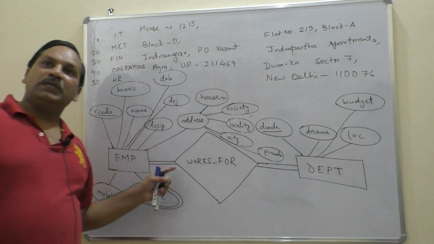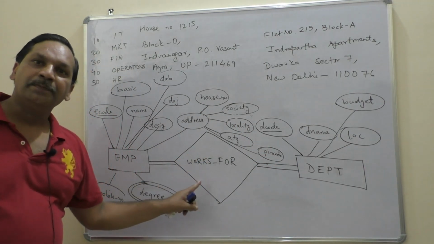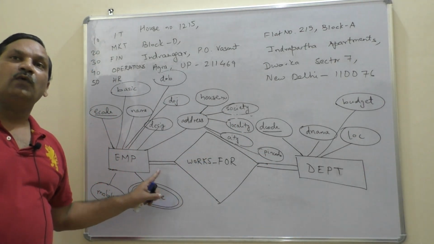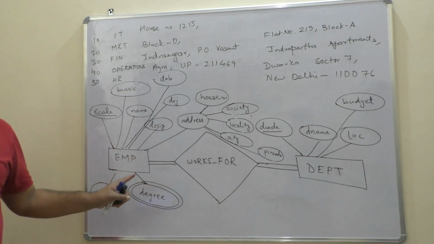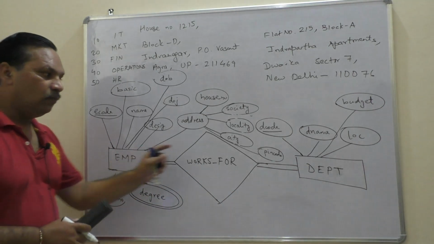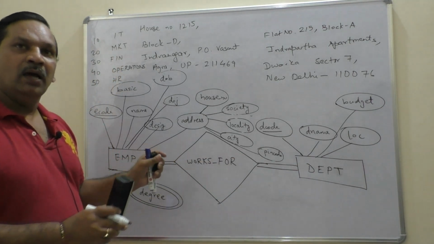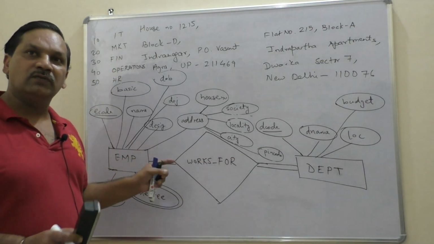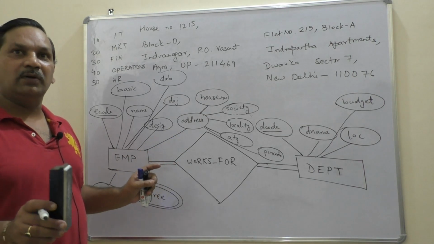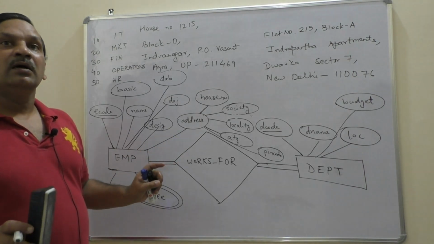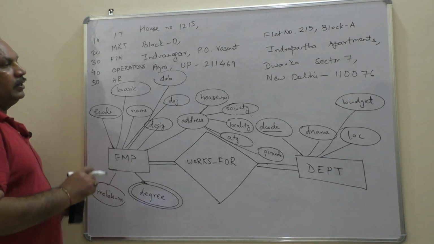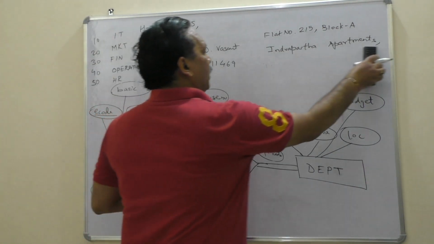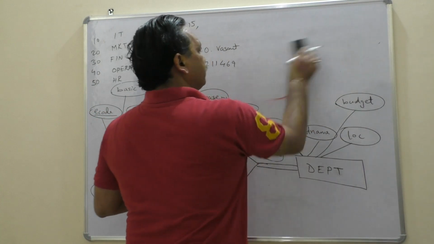So this participation of the relationship works for, is an example of many-one, but every employee working. So this is total participation. This is an example of total participation. Are you getting it? I'll tell you what types of participation before I finish.